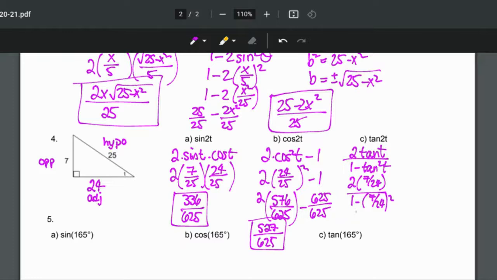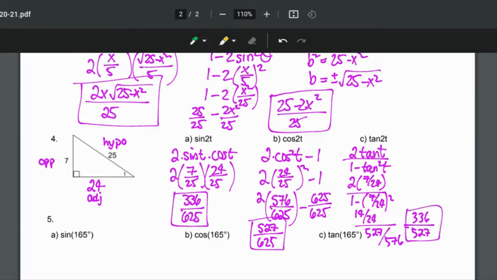And that's going to give us 14 over 24 all over 527 over 576, which is going to give us 336 over 527.